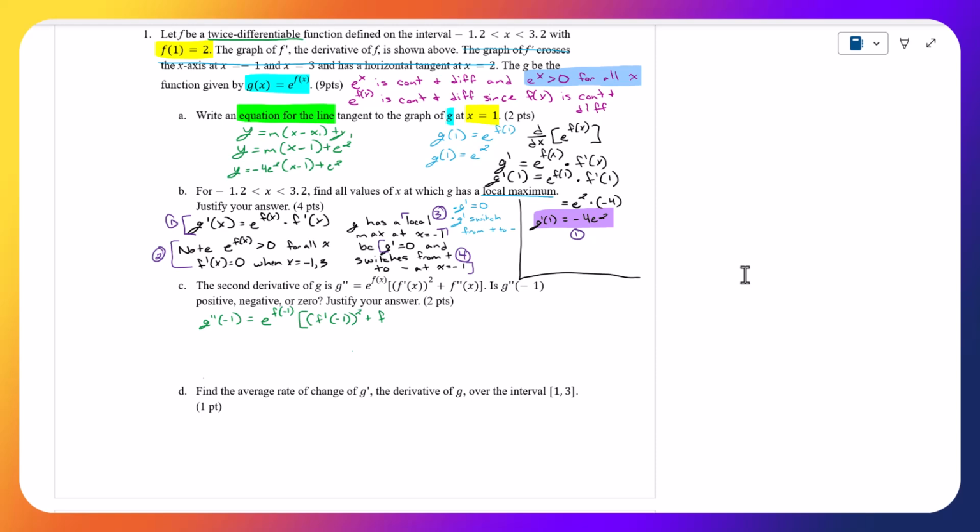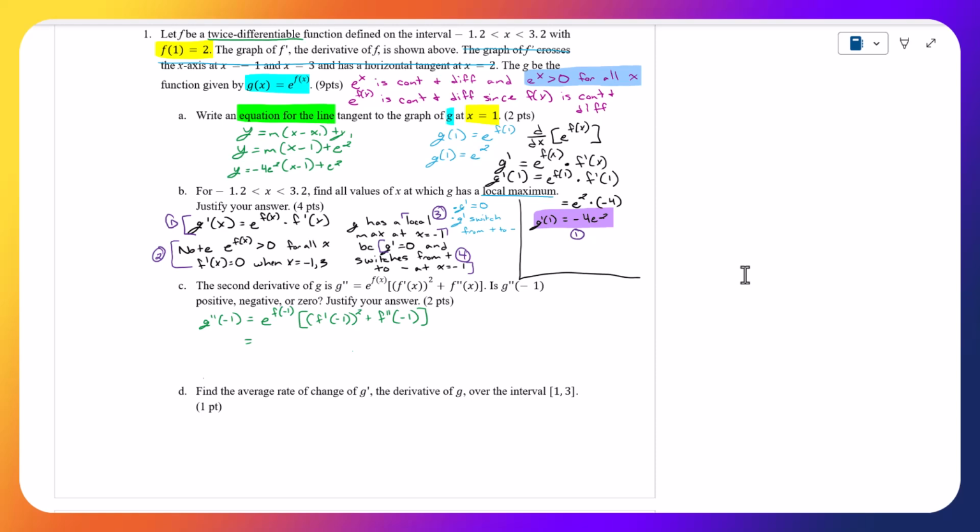Okay, and a lot of this we can sort of wash away. E to the f of -1, we don't know that, but we do know that it's going to be some sort of positive number. So I'm just going to sort of, as a stand-in, write a plus. It's going to be some positive number.